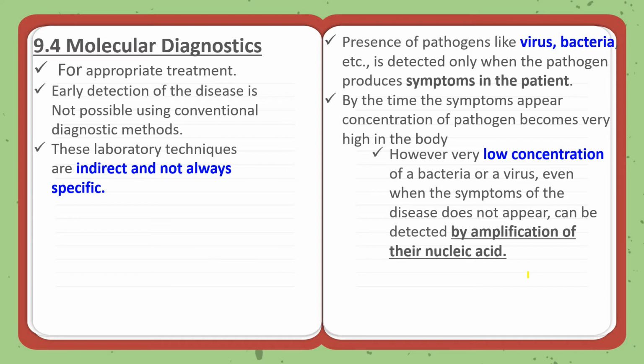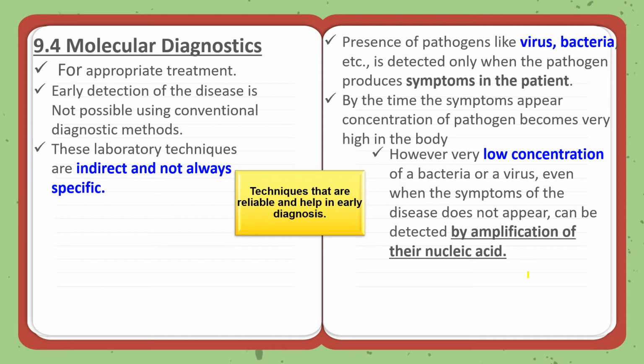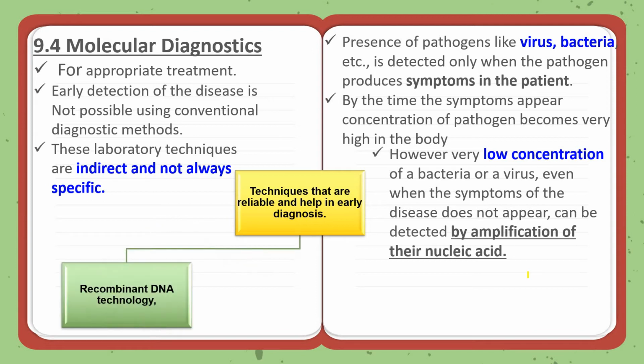However, a very low concentration of bacteria or virus, even when the symptoms of the disease do not appear, can be detected by amplification of the nucleic acid. So this is the main aim of molecular diagnostics. Even when there is no symptom, we can amplify the nucleic acid of the virus or bacteria, and thereby we can start the treatment earlier.